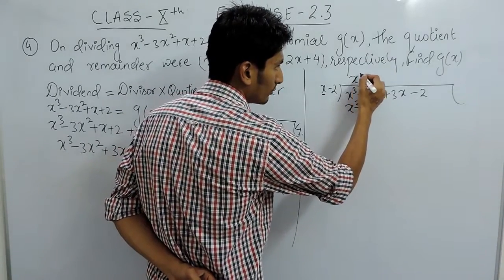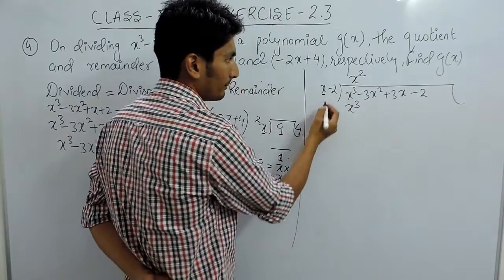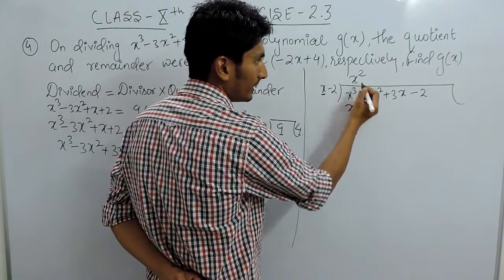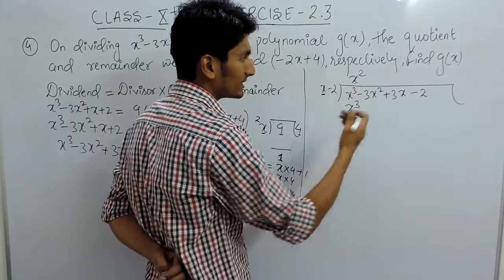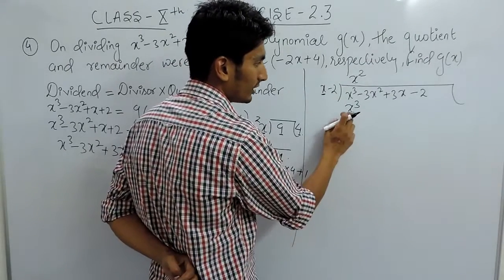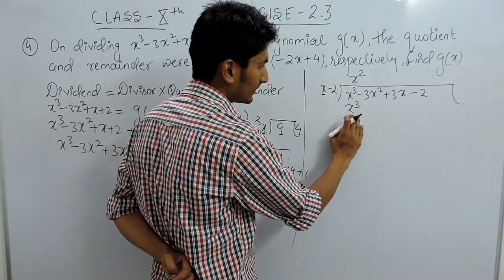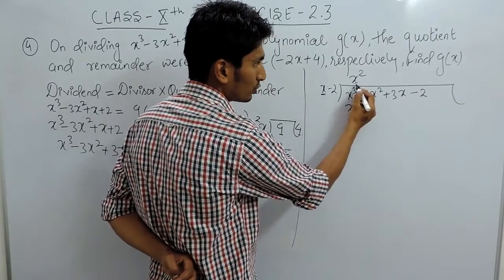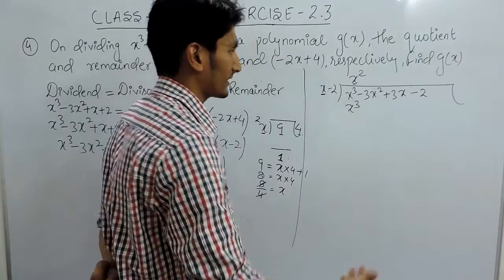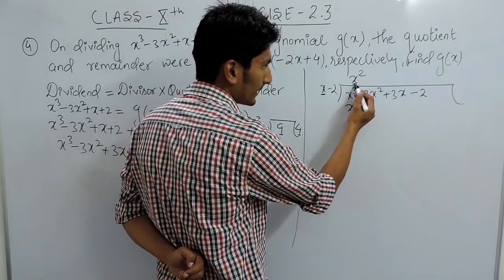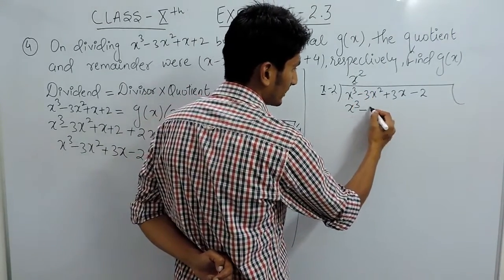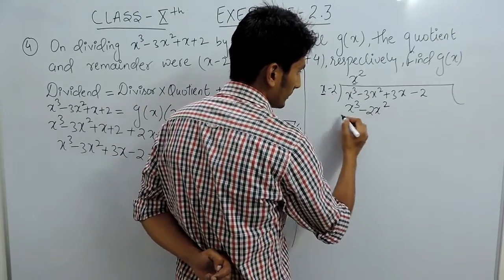So obviously you have to multiply it with x square, because x square is basically x multiplied by x, so here x multiplied by x multiplied by x. So 3x are there, so 1x is already here, so you have to multiply it with 2 another x, and after that you have to multiply this with 2, so that will give 2x square.